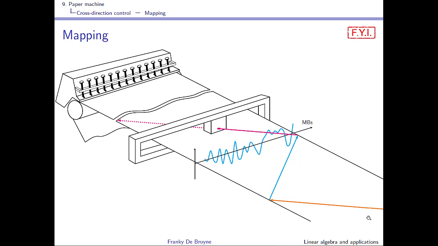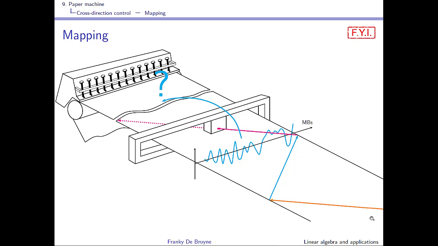A far more interesting problem is the problem of mapping. You might have seen that in our profile we have a number of measurement boxes that does not match the number of actuators. Let's say we have 500 measurement boxes, and in our case we have 13 actuators. So how are we going to control our actuators? Using what information?